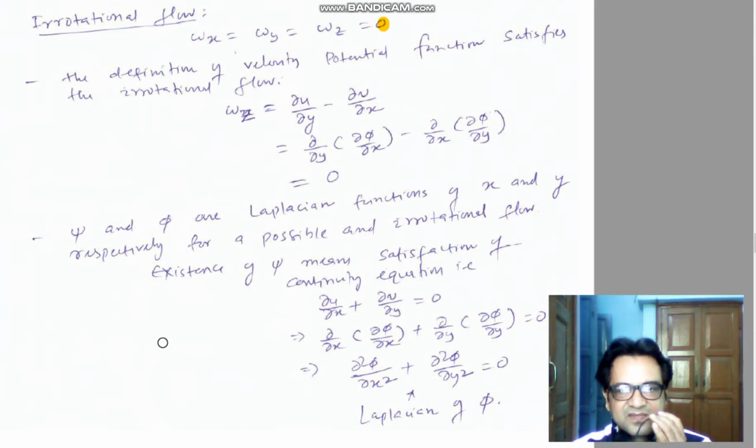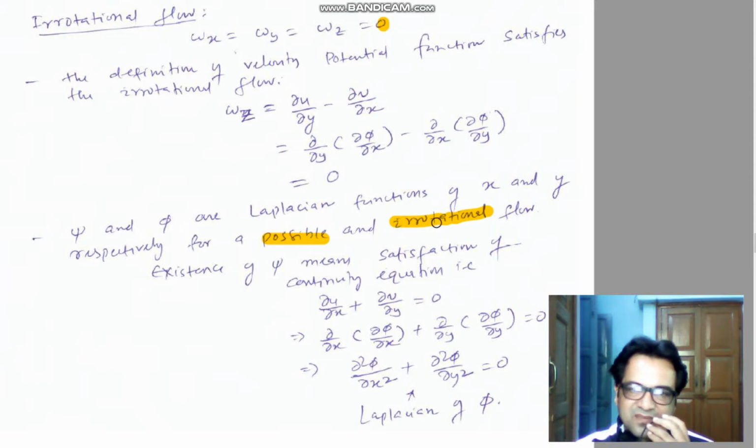Now another interesting thing about the stream function and the velocity potential function is that they are Laplacian functions of x and y respectively for a possible and irrotational flow. You see there are two quantities, possible flow and irrotational flow. Possible flow means existence of psi, irrotational flow means existence of phi.